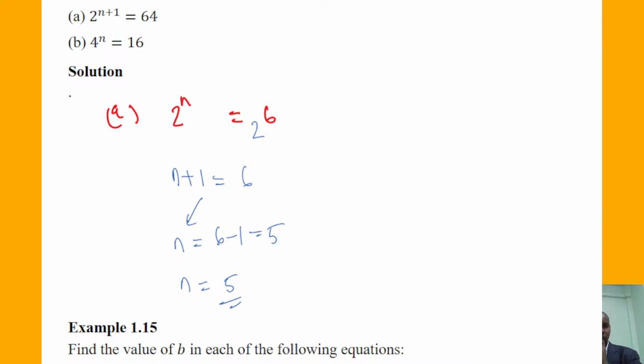And we are going to jump to question 1B. Let us see how we can solve B part. With B part, you have 4 to the power n equals 16, and 16 again can be expressed as a number with base 4.